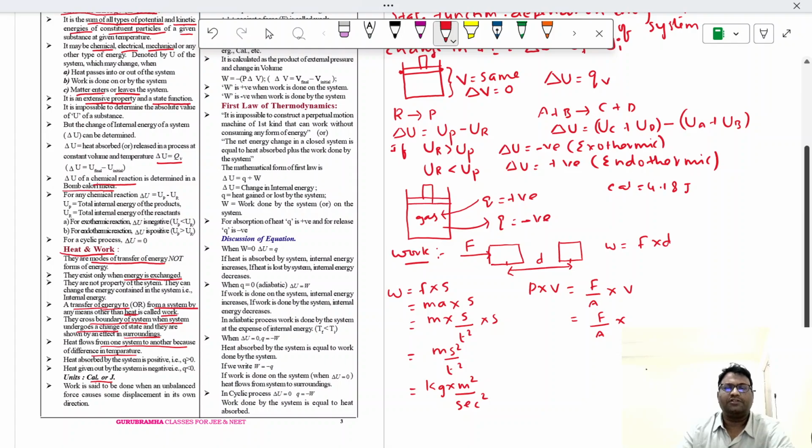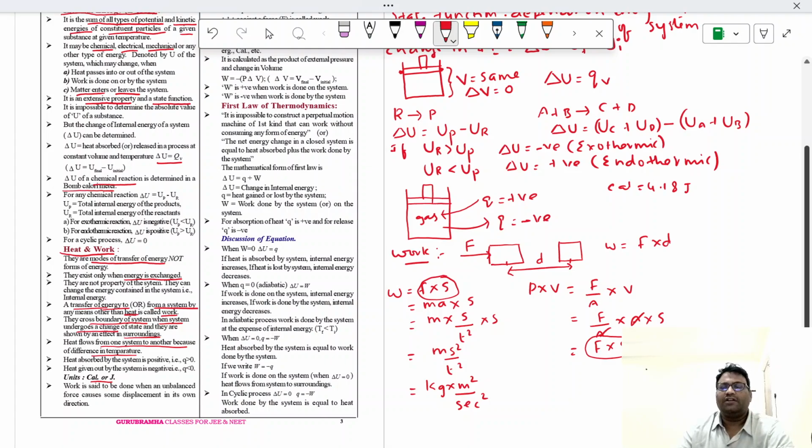Volume can be written as area into displacement. Area gets cancelled. Then what do you get? F into S. That means P into V will have the units of F into S. So P into V is having the units of work done.